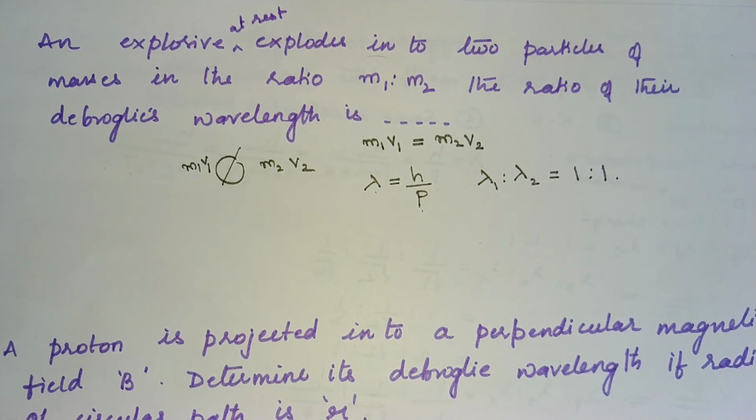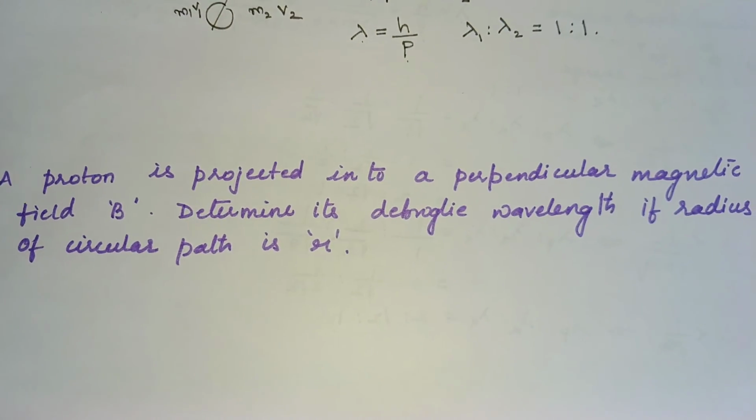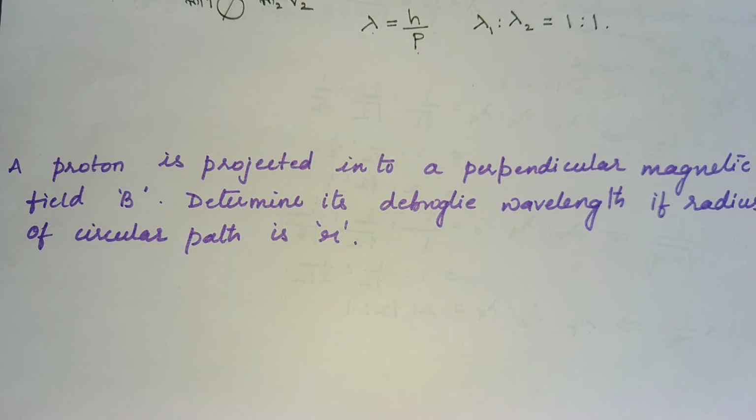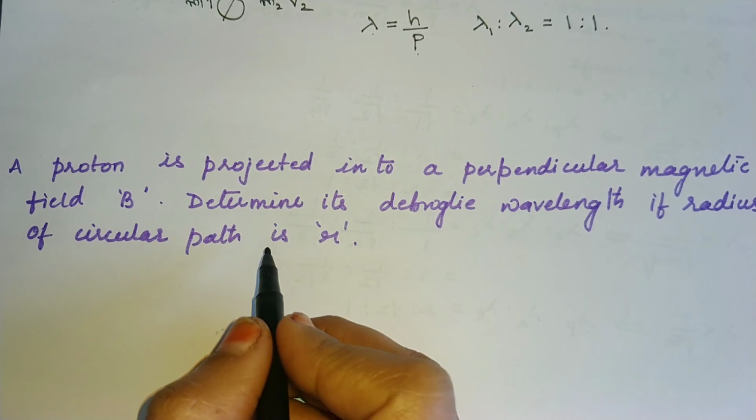This is a simple but very important model. Then a proton is projected into a perpendicular magnetic field B. Determine the de Broglie wavelength if the radius of the circular path is r. Whenever a particle is projected into a perpendicular magnetic field, it experiences magnetic force.